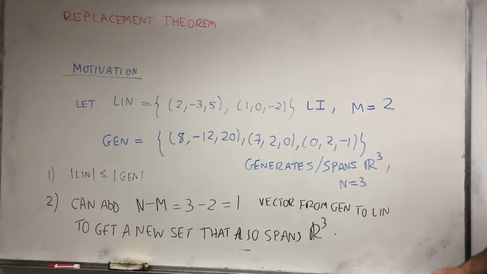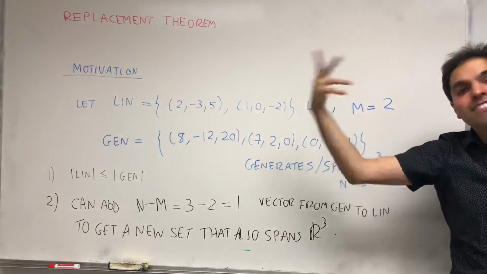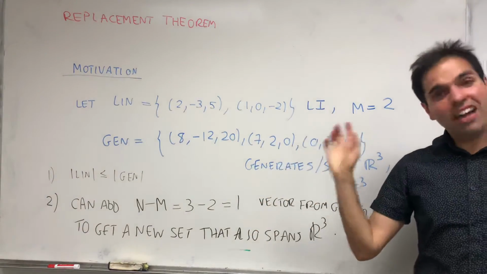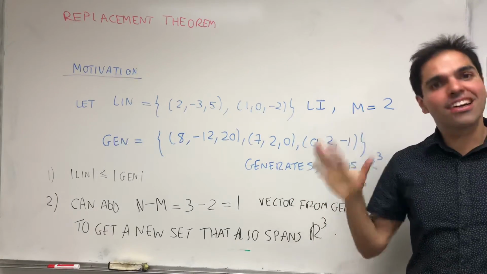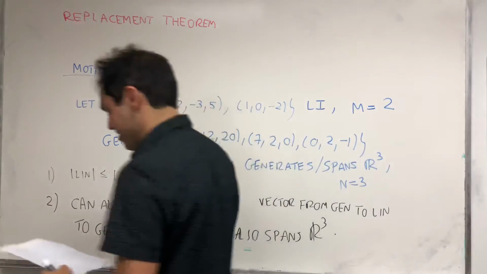So again, it's some sort of way to extend any linearly independent set to get a spanning set. And by the way, the statement of the theorem is not too important. It's really the consequences that are important, and I'll talk a lot about the consequences today.